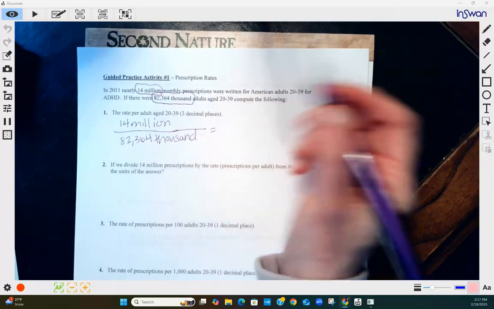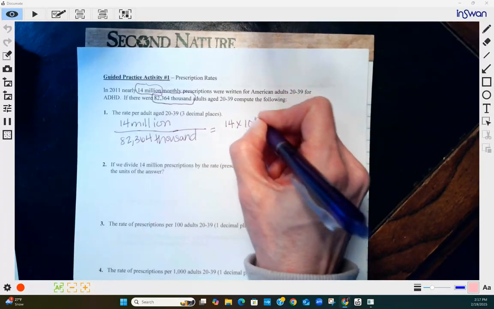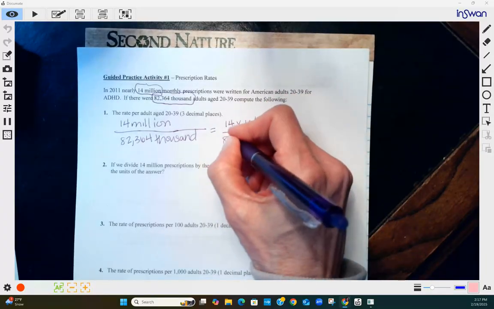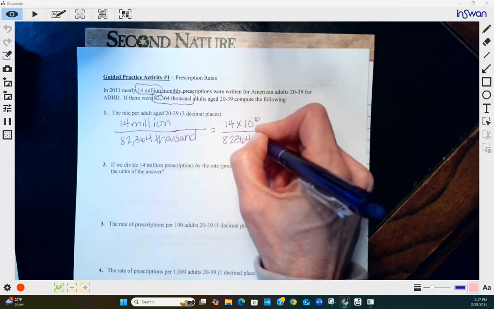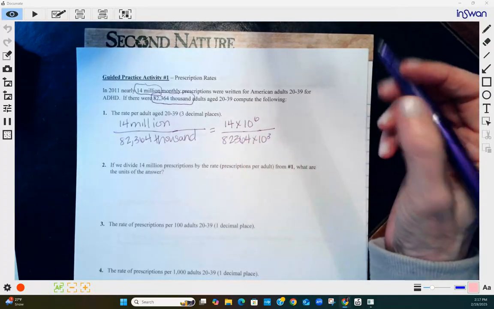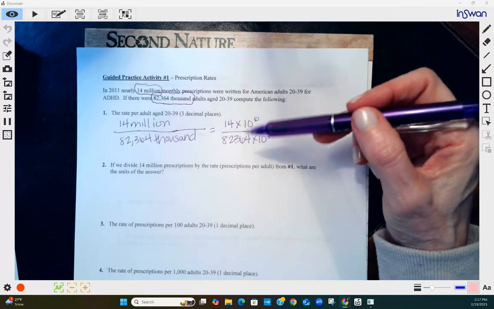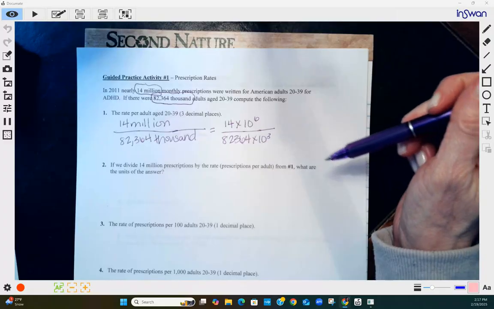So if we convert to scientific notation, that's 14 times 10 to the 6th. 1,000 is just times 10 to the third, right? 1,000 has 3 zeros. And I want to stress this, you can just type these entire numbers into your calculator.